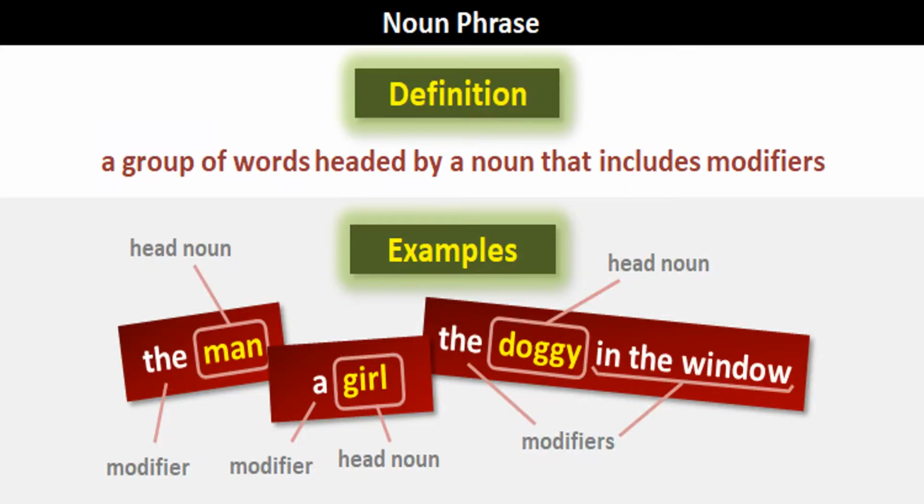Now that we know what a phrase is, let us now define noun phrase. We all know that a noun is a part of speech that names a person, place, thing, idea, action, or quality.